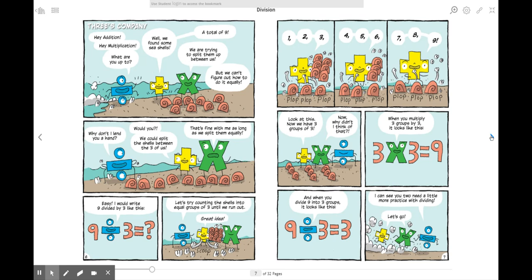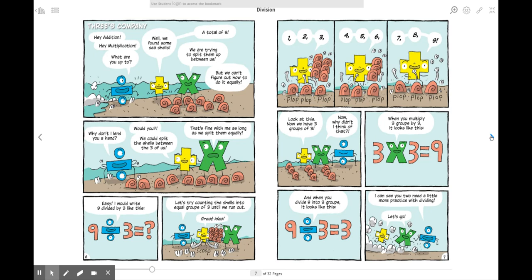Easy. I would write 9 divided by 3 like this. Let's try counting the shells into equal groups of 3 until we run out. Great idea. 1, 2, 3, 4, 5, 6, 7, 8, 9. Look at this.